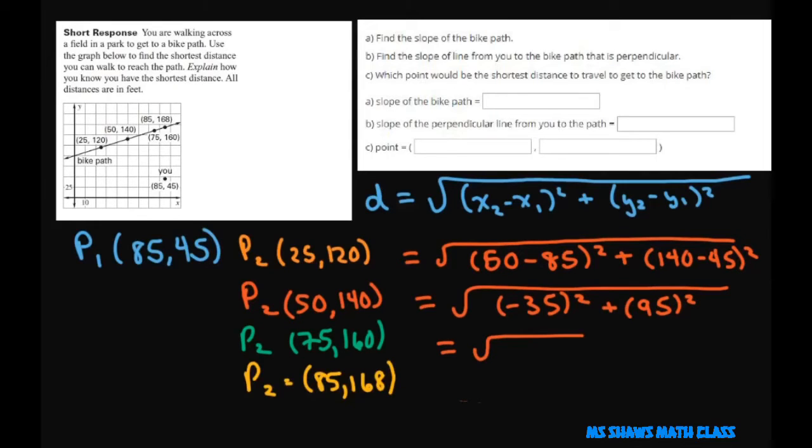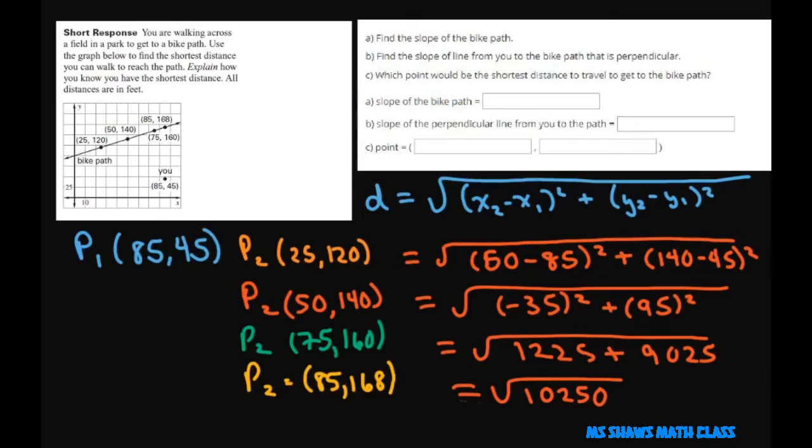So that's going to give you 1225 plus 9025. If you add those together, you get 10,250, which is already bigger than the first one we did. So this is not the shortest distance.